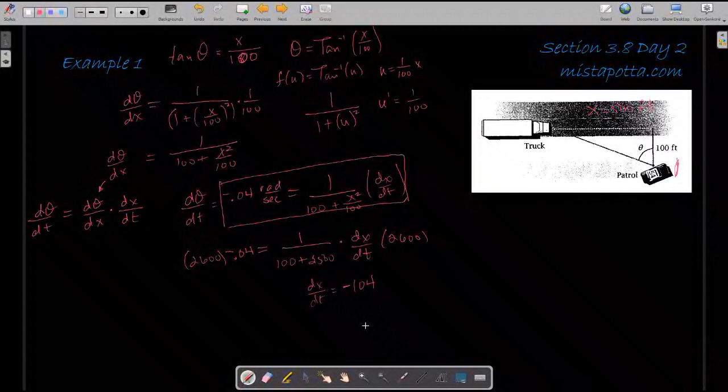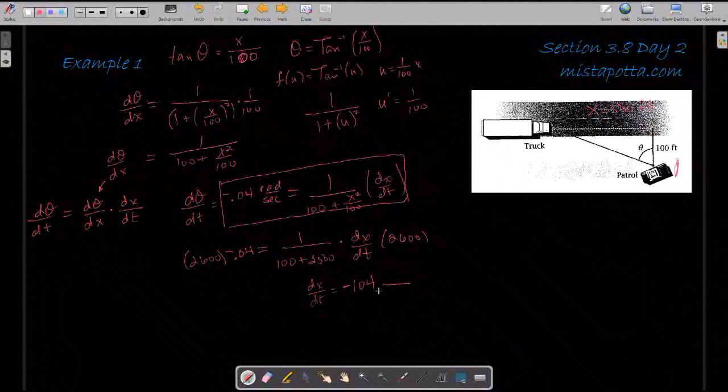So now I need to think of what are my units here. This is the change in distance over time. So my units should be distance units over time units.